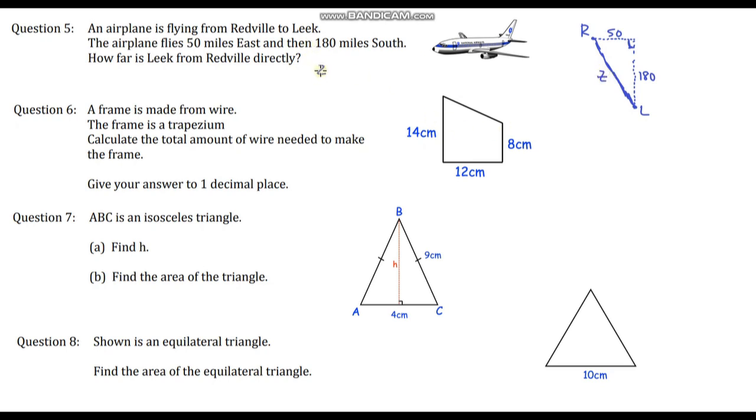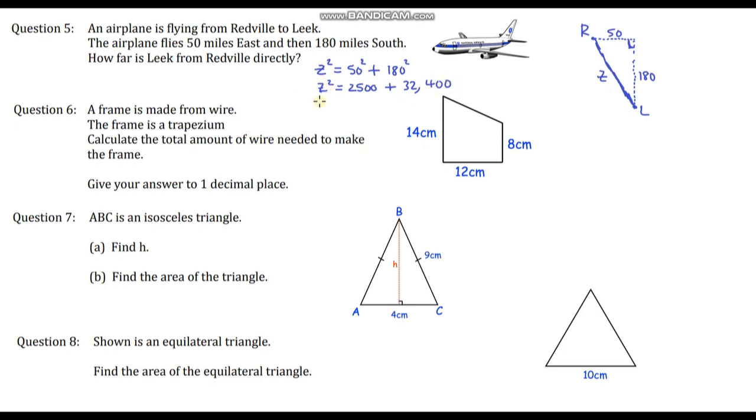So z squared is going to be equal to 50 squared plus 180 squared. So what is 50 squared? Well, that is 2,500. I don't know what 180 squared is. Let's type that into the calculator. That gives me 32,400.